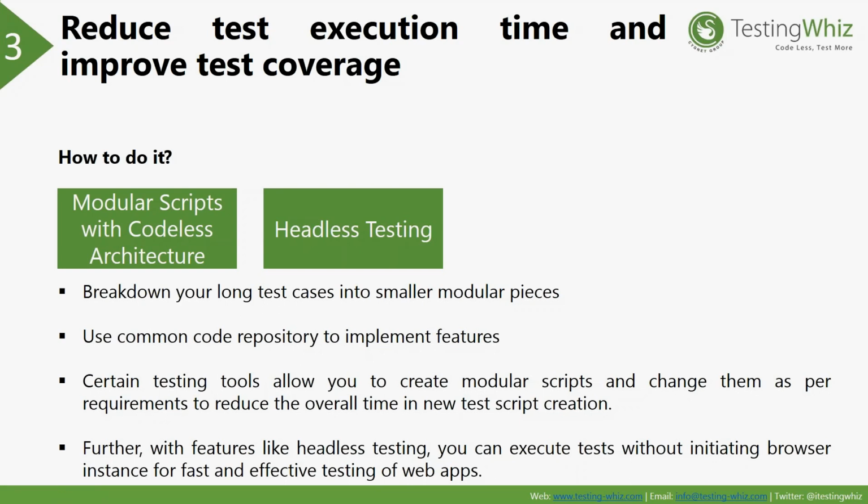I always tell customers or users to break down their long test cases into smaller modular pieces. Let's say I have a test case where I log in to an application and then process a particular workflow, wherein I go in and create a new item on the inventory, or create a new shipping item.